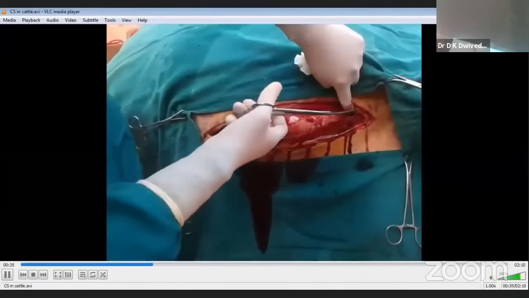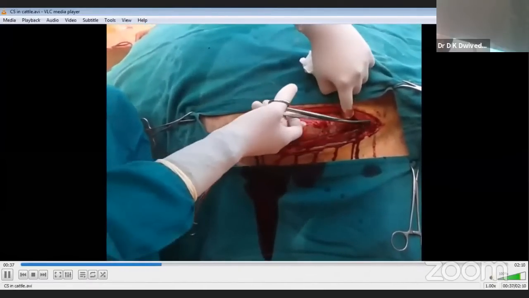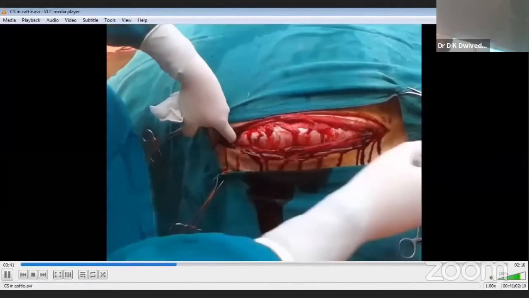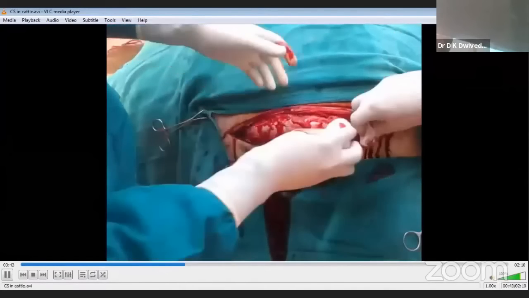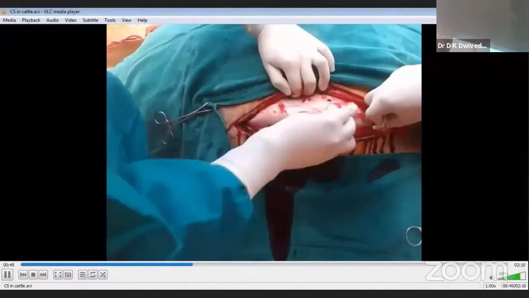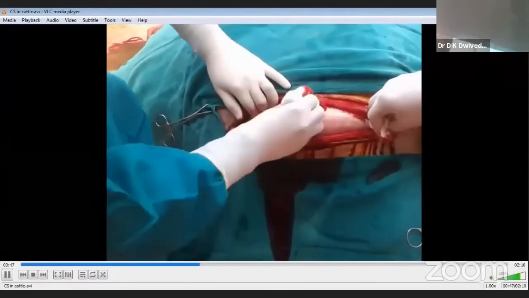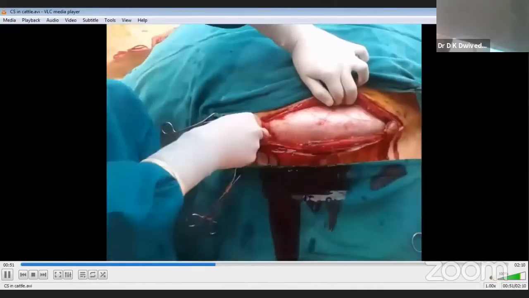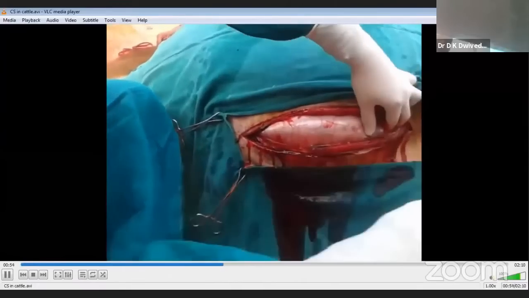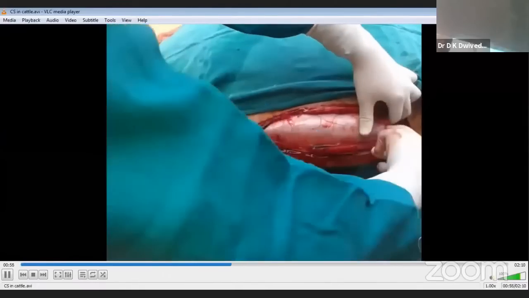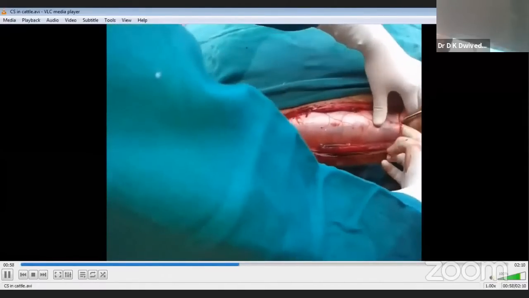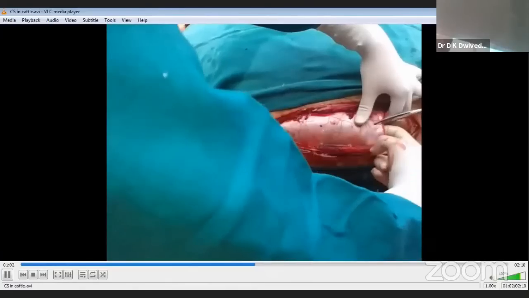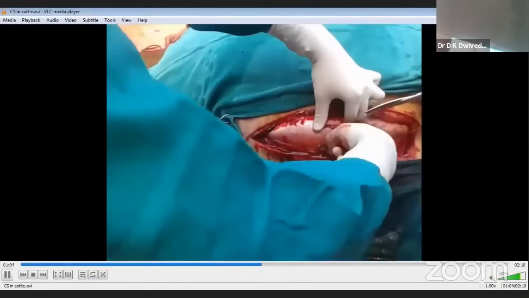Then you can see the peritoneum. Now this is the opening of the peritoneum.